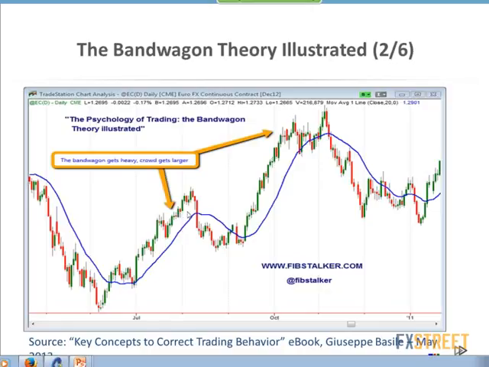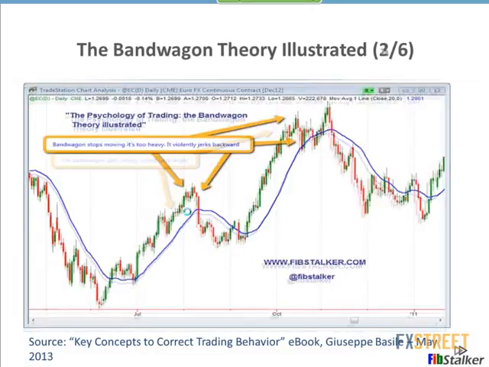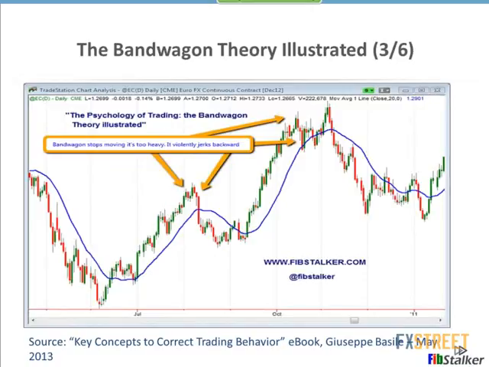So the next step, now that the bandwagon is at a complete standstill, more people jump on. The point is that the bandwagon is motionless, and it's unnatural. In fact, the market has to keep moving.